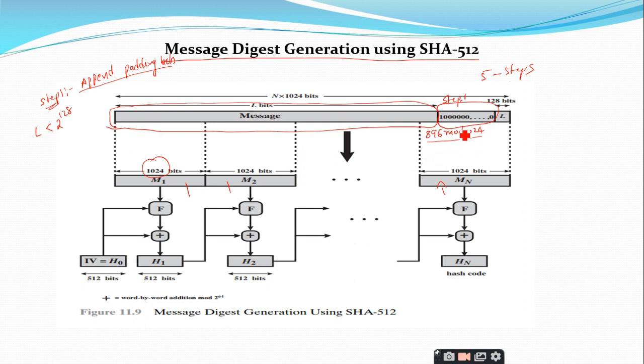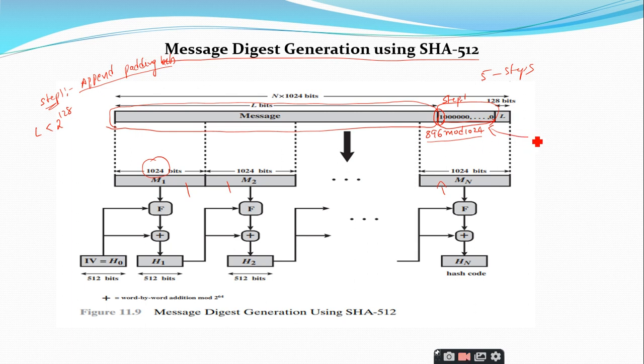And remember that padding is always needed to make these 1024 bit blocks, n blocks or n plus 1, anything is okay, right? But in order to make it as n blocks of 1024 bits, you require this padding. And you can observe here what padding bits they have added. The leftmost bit, that is the most significant bit, is 1, and the remaining bits are represented as 0.